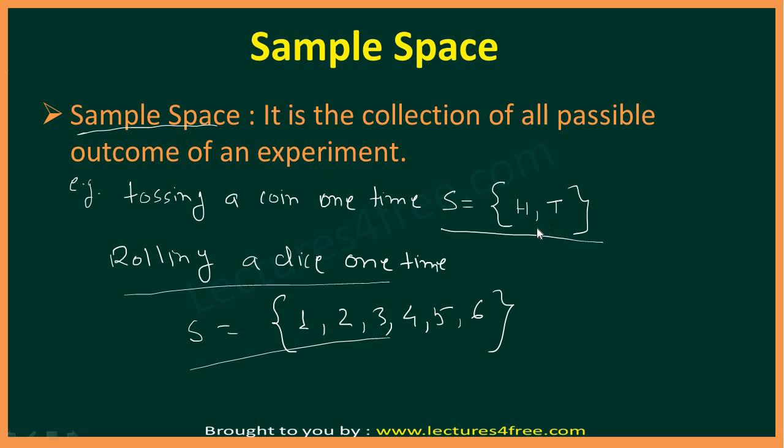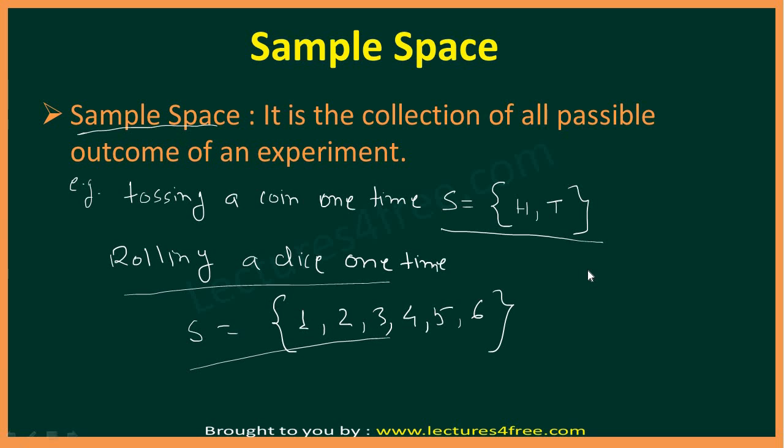Means if you are tossing a coin, the sample space is head and tail, it could be head, it could be tail. So these outcomes are known as events. Like we can say getting head while tossing a coin is an event.